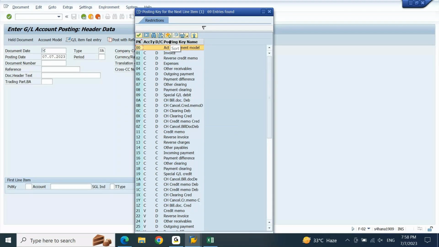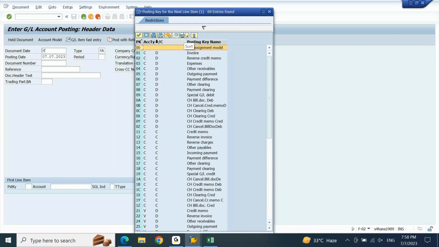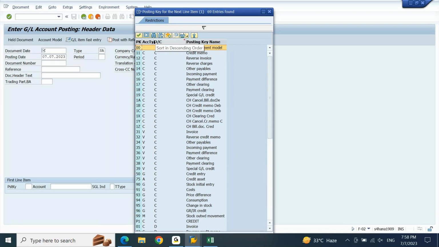Here, if you observe carefully, this is your debit credit indicator. This is your account type. I am going to sort it based on the account type. Account type is nothing but customer, vendor, GL account, and fixed asset. Let me sort by account type.